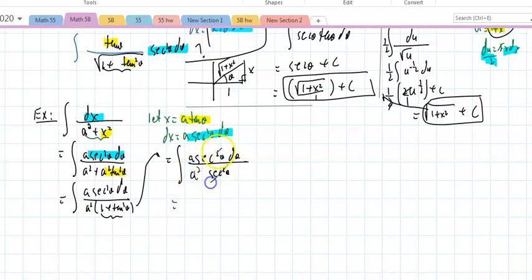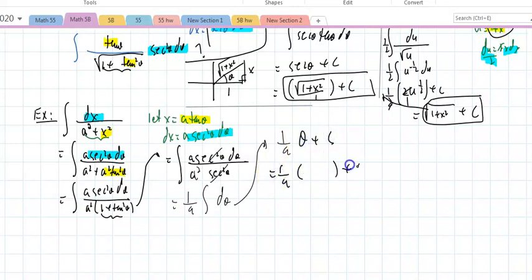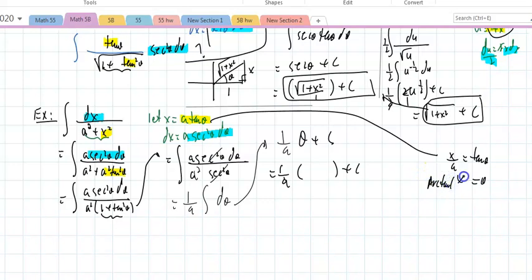And wouldn't that be simply 1 over a the integral of d theta? Isn't that 1 over a times theta plus c? And what's theta? If I have x over a equal tan of theta, isn't theta the inverse tangent of x over a?